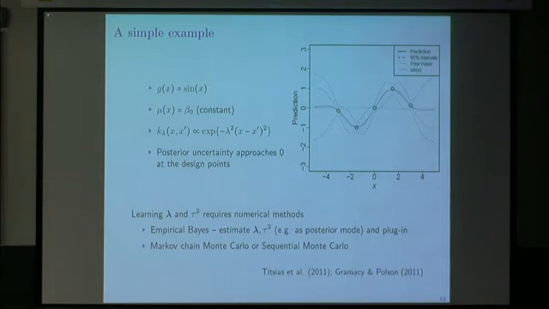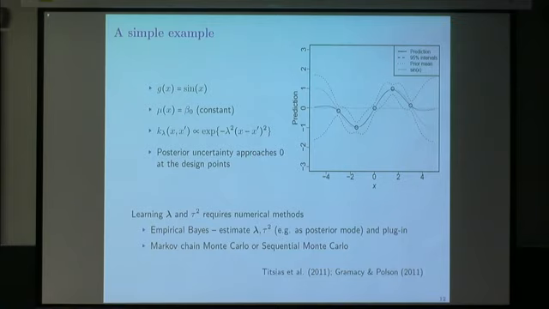Also, we can see that at the points where we have observations, the uncertainty drops close to 0, and in the areas where we don't have any points, we have wide prediction intervals, and the Gaussian process goes towards the prior mean, which is indicated by the horizontal line here.